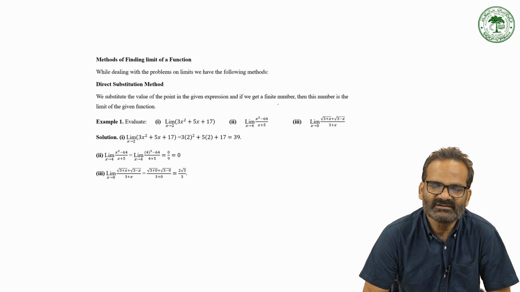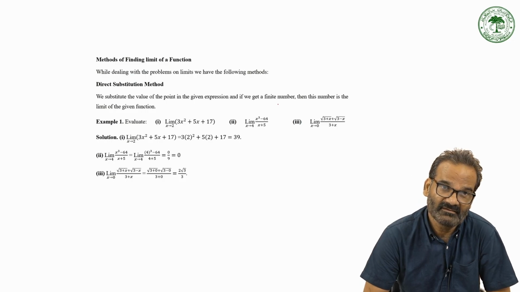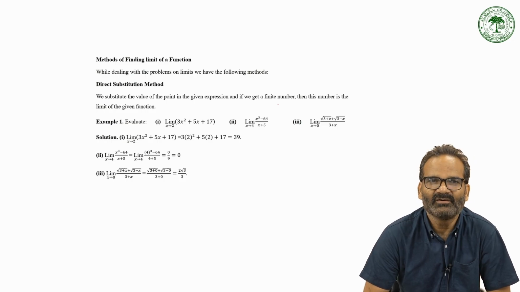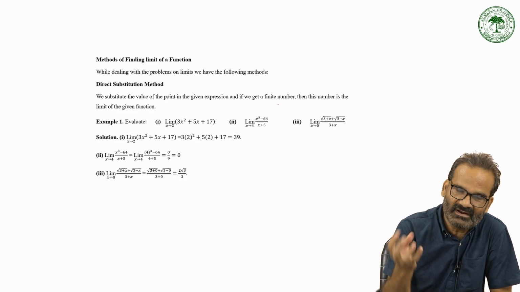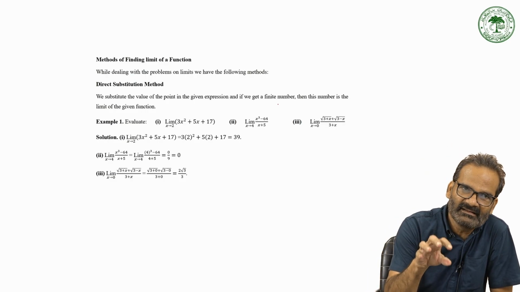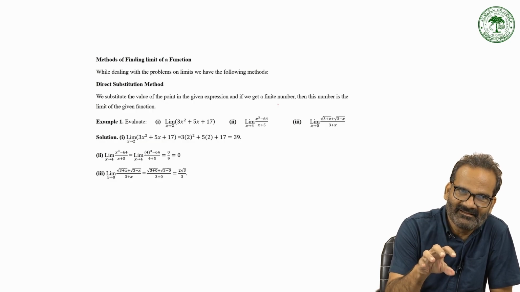In the direct substitution method, we substitute the value of the point in the given expression. If we get a finite number, then that number will be considered the limit of the given function, right? Whatever value x is approaching, we substitute that value directly in place of x, and then simplify.